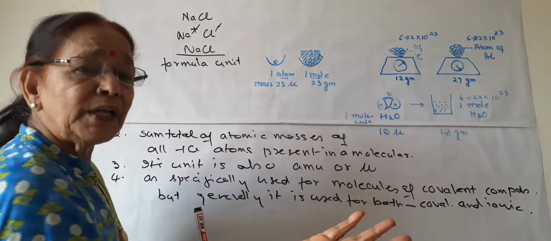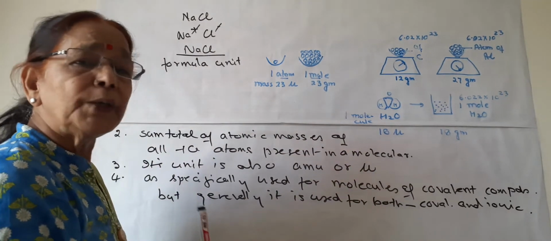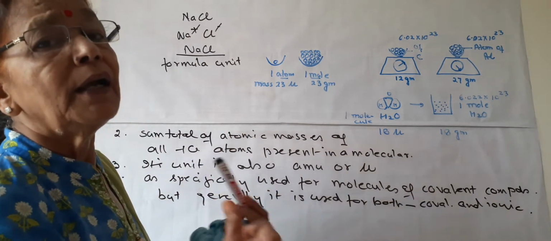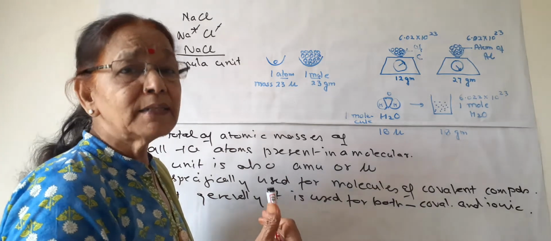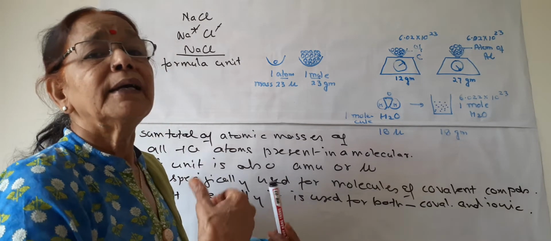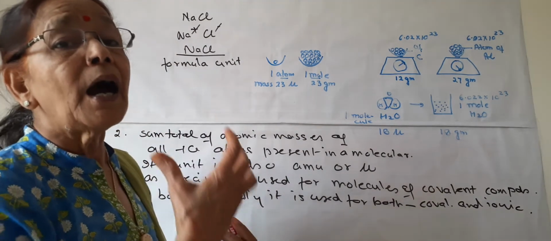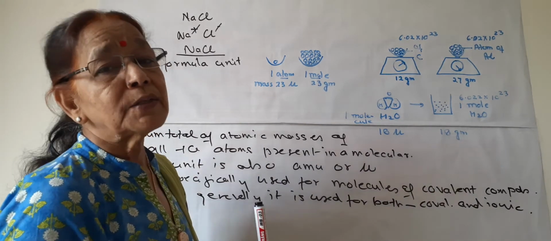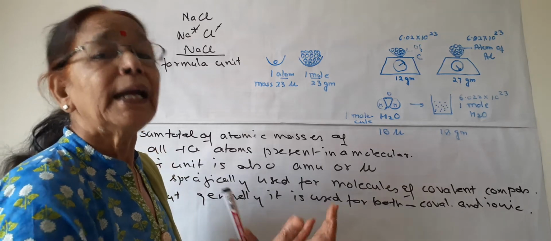Now what is the definition? Like the molecular mass, formula unit mass is the relative mass of an ionic compound as compared to the mass of carbon 12 atom.